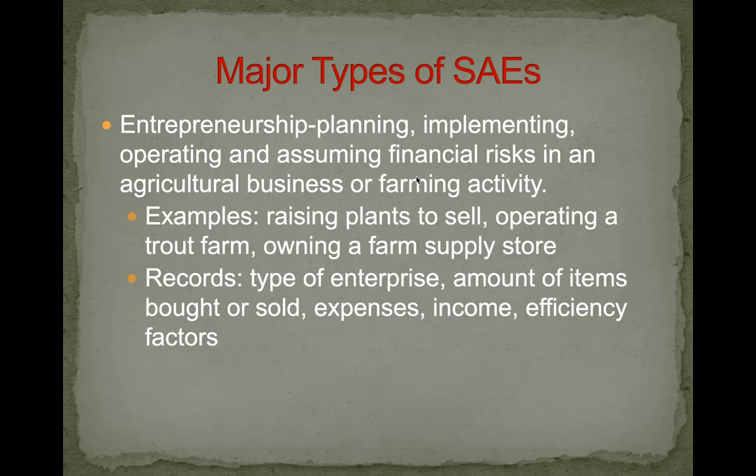You keep up with that income, and how efficient are you? Now, this might have something to do with, like, if you have an animal and you are giving them feed, how much weight are they gaining? So, efficiency factors may or may not always be part of your record keeping process, but it is one that you would see with an entrepreneurship from time to time.